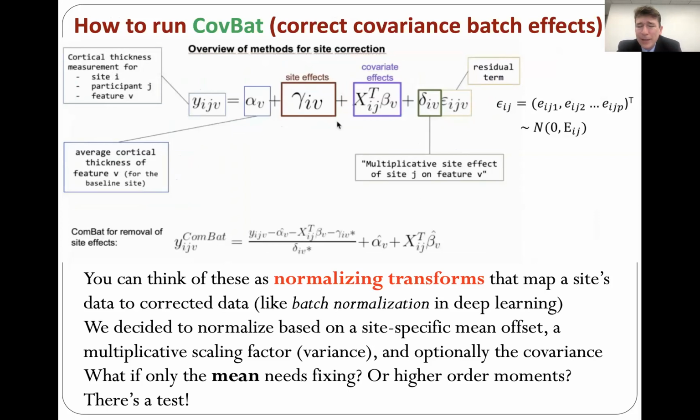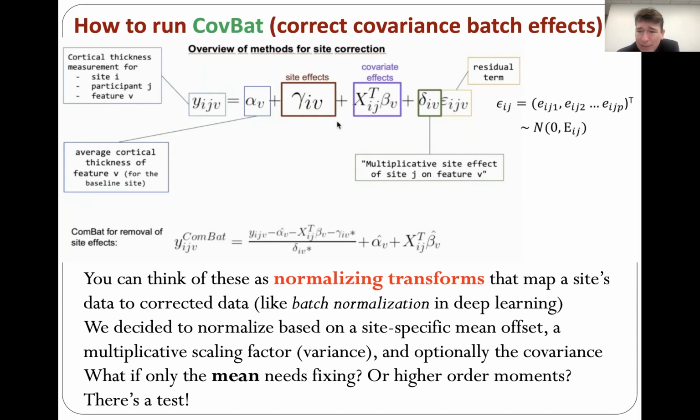And then finally, the sites can also have different covariances in their data. So a scanner can induce or reduce the covariance relative to other sites. And this really nice method by Andrew Chen and Haochang Shou at UPenn expands the covariance of the residuals into, in fact, a basis. You can do PCA on the covariance matrix.